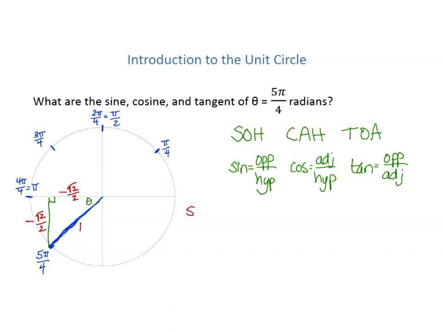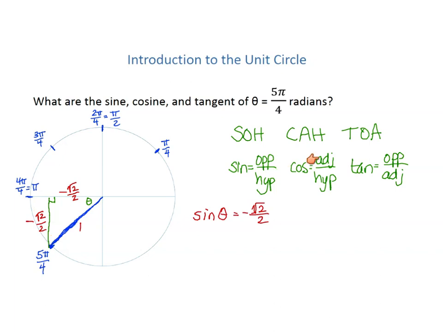So my sine theta is negative root 2 over 2 over 1, so we don't have to write the over 1 part, right? Because sine is opposite over hypotenuse.